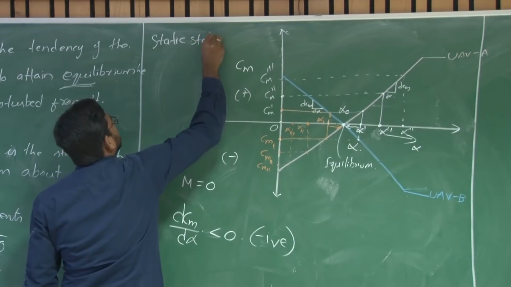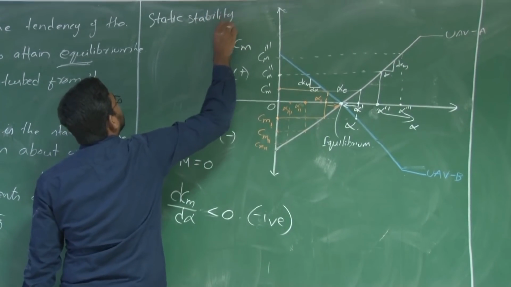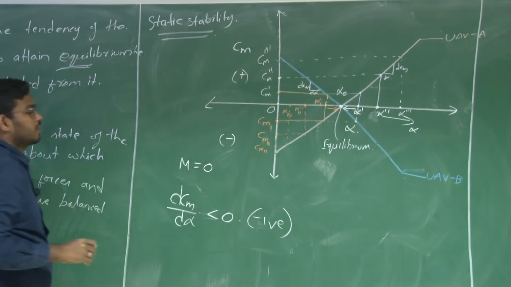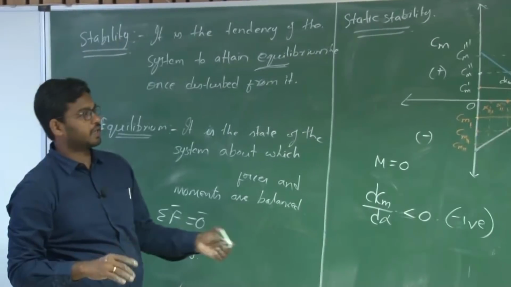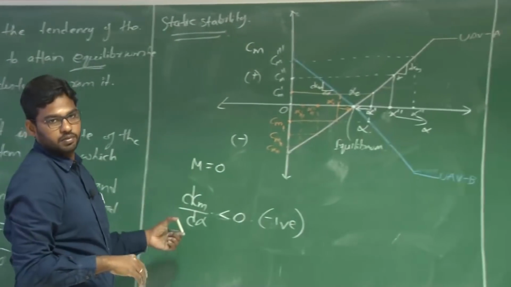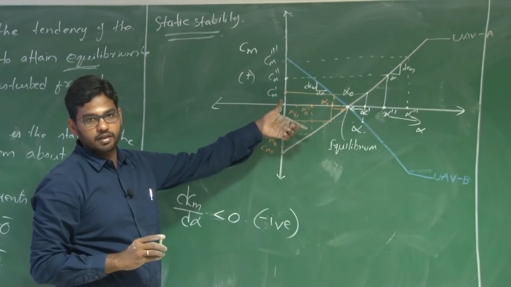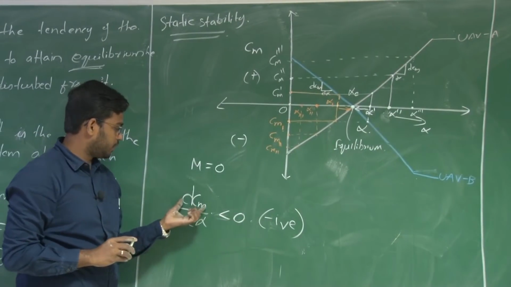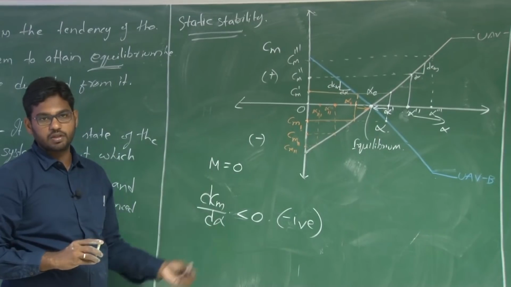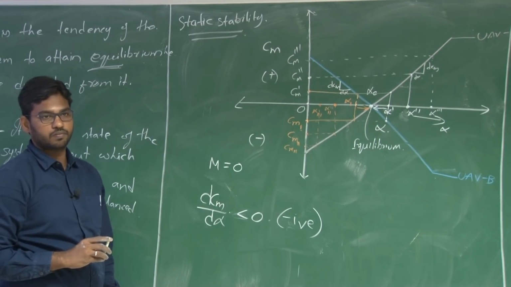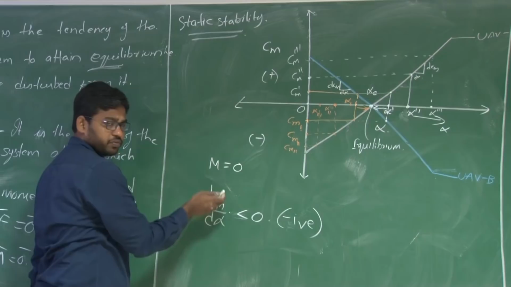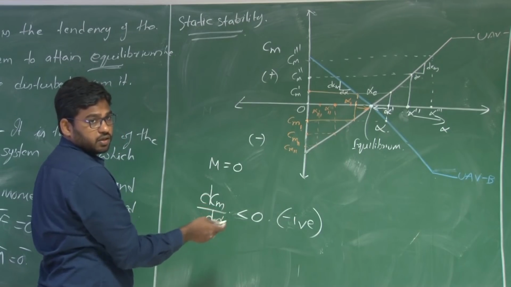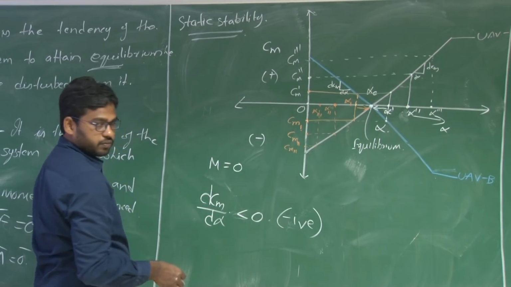We discussed that there will be two phases of the stability, static and dynamic, right. Initially we are arriving at the mathematical conditions for static stability. If the UAV has to be statically stable, the variation in pitching moment with angle of attack has to be negative, right. The slope of the Cm alpha should be less than 0, okay.